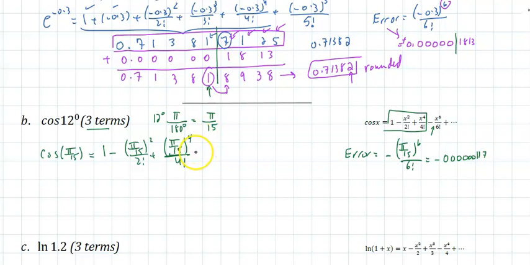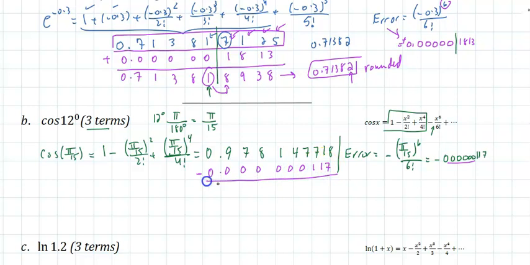This summation right here, if I put this in my calculator, that's 0.9781477718. Now, if I take my error and subtract, and we said we had 6 zeros, 1, 2, 3, 4, 5, 6, 1, 1, 7.